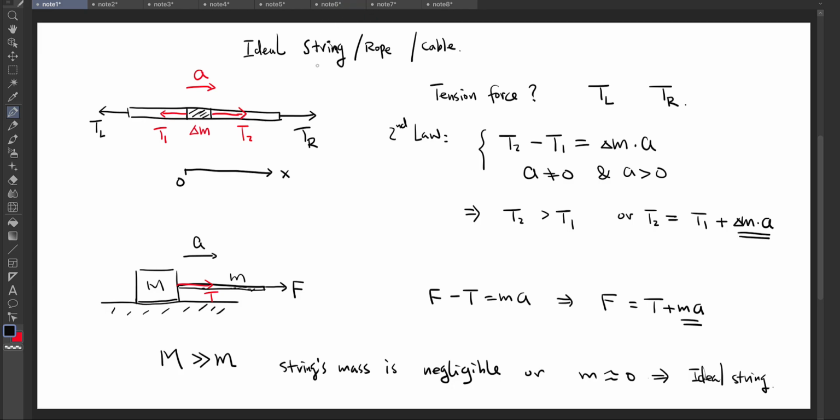Usually questions do not specify this, but if the question says ideal string, then that would mean the mass of the string is 0. If the question didn't mention the mass of the string at all, then you can safely say you're looking at an ideal string. So that's the property of the string.